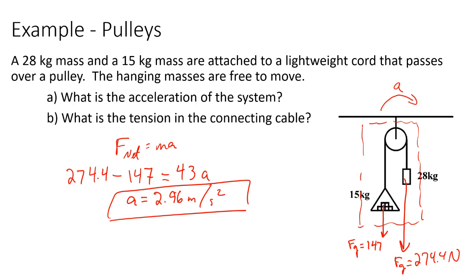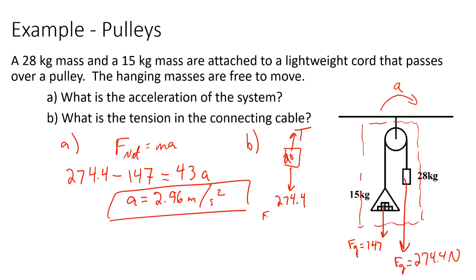Okay, and then if our second part here is to look at a free body diagram for a single mass, I'm going to look at the 28 kilogram mass. So the gravity force that's pulling on that thing is 274.4. And I'm also going to have this tension force that's pulling in the opposite direction.